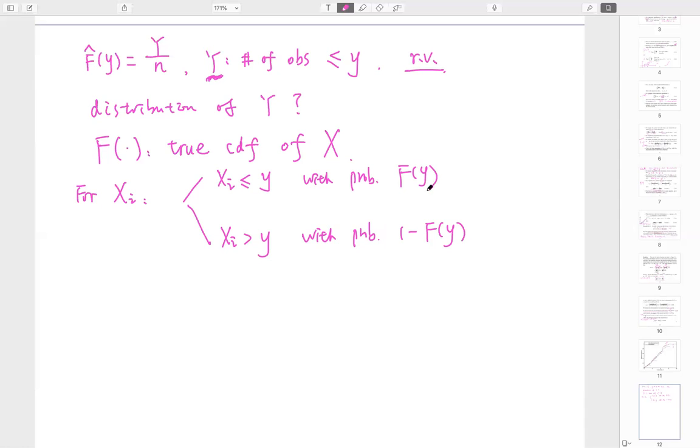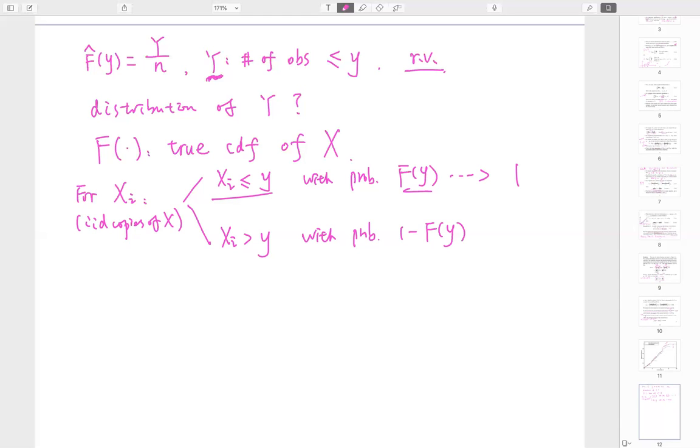Right? What is the CDF? CDF is the probability for your random variable less than or equal to some real value. So here the xi are IID copies of X, right? For each one, it's either yes or no. If this is a yes, this contributes 1 to the counting.